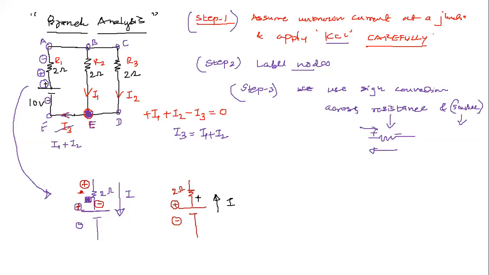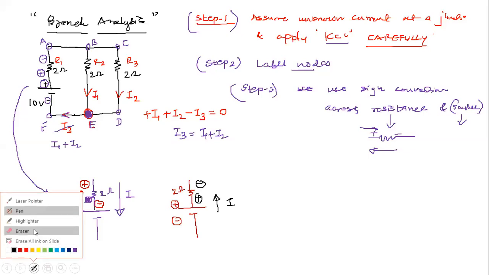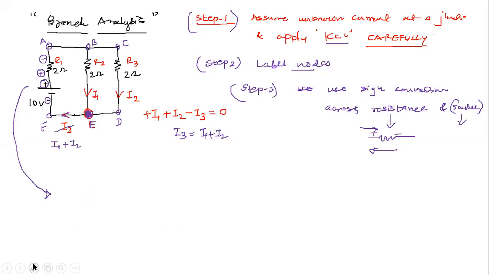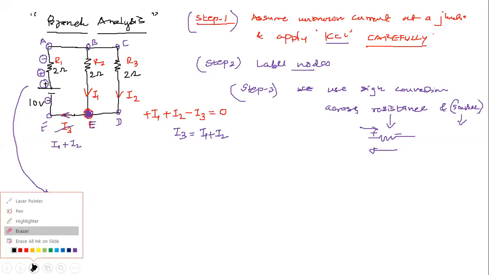This will be positive and this will be negative. Now, how am I deciding this positive and negative? Based on the direction of current, right? And same I've done over here, same in this problem I've done, right? So please keep this in mind. Many times students do commit mistakes in this, right? Let me erase this because this was an important point because the resistance was in series with the battery.